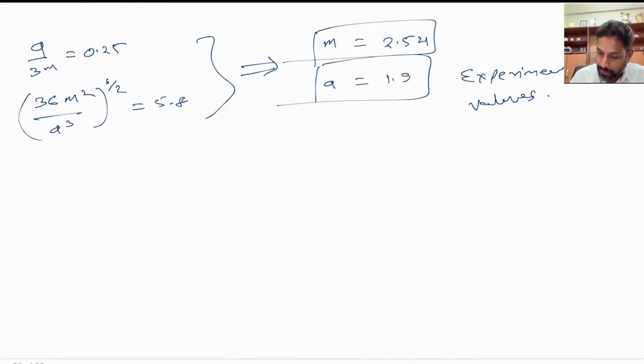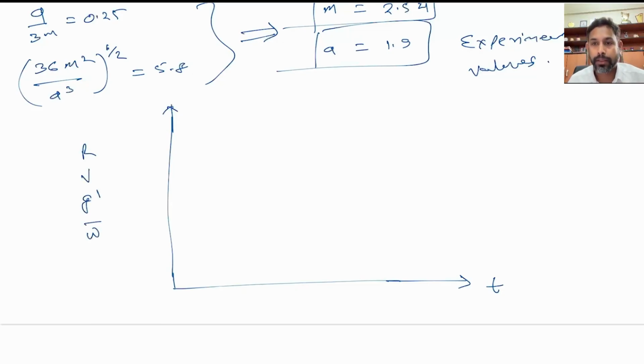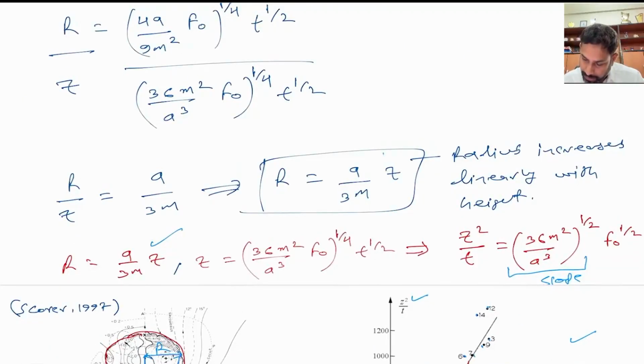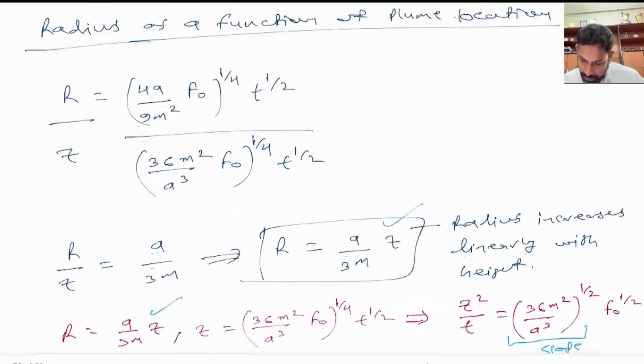All right, and finally, in the end, we can also try to see how the plume properties change in time. So let's say this is your time axis, and these are different axes like r, V, g prime, w bar, etc. And if you want to plot them, radius, as we have seen, increases with z linearly. Sorry, not with z, we are trying to plot with time.